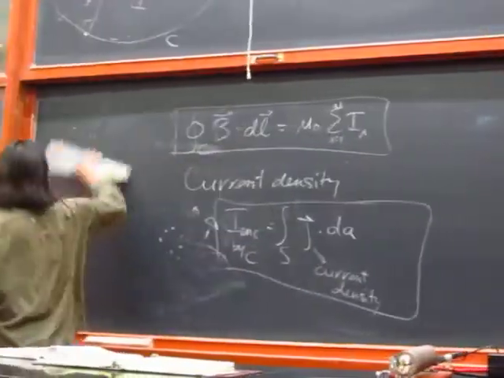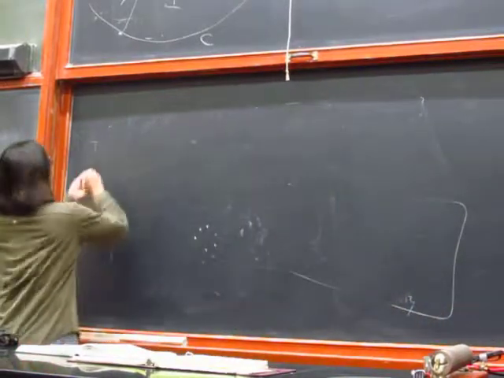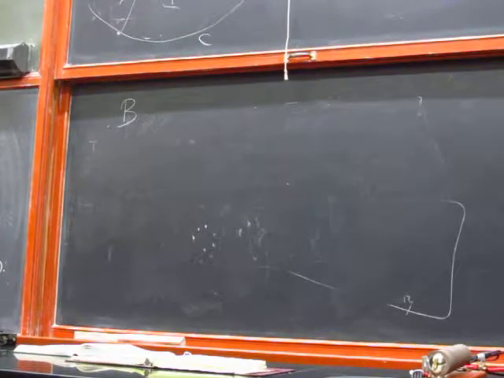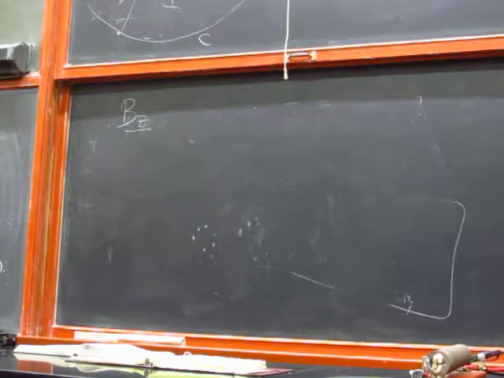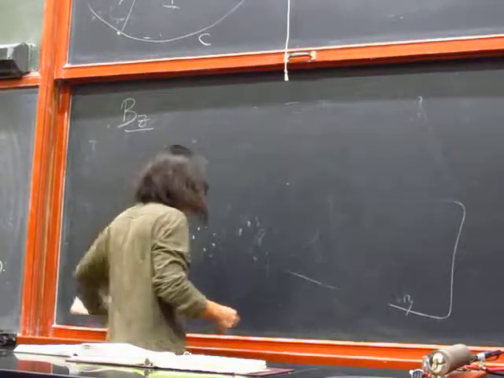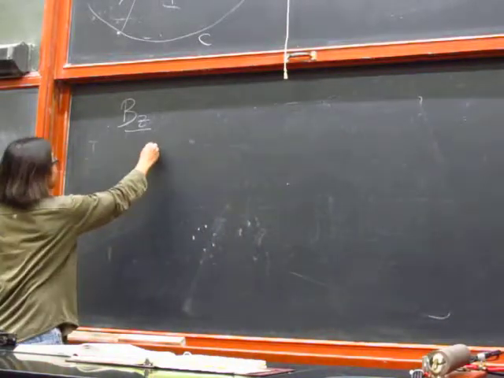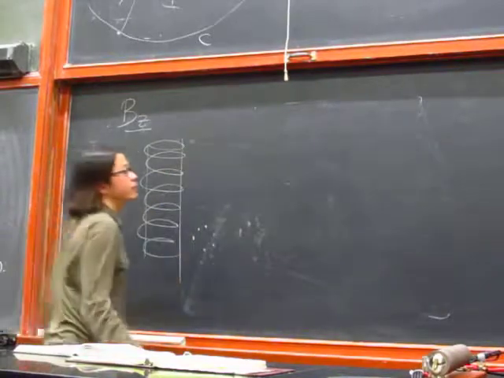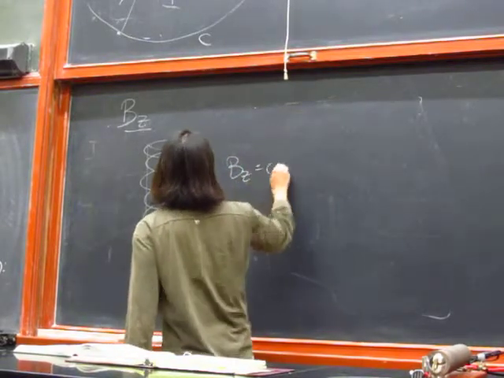So we are left with the last component of the magnetic field. Because the tangential is 0 and the radial is 0, we are left with B_z, in the Z direction. In this case, the argument is not as clear, but let me convince you by saying that, for this solenoid, if there is a B field, the B field outside far away is going to be 0.